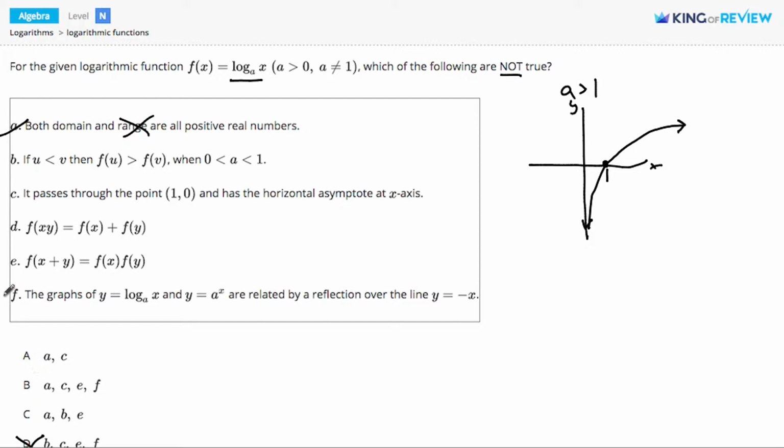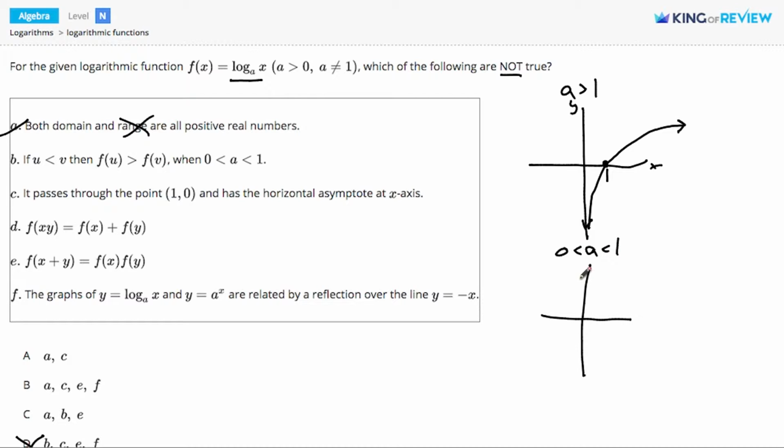Let's look at B. If u is less than v, then f of u is greater than f of v when 0 is less than a, which is less than 1. So we need a new graph for when 0 is less than a, which is less than 1.